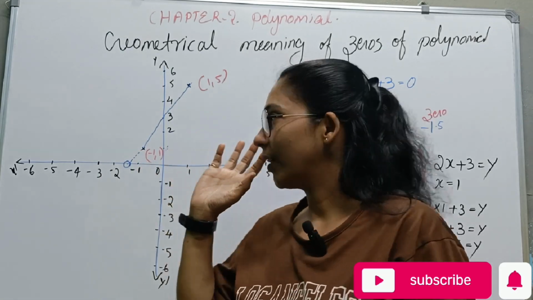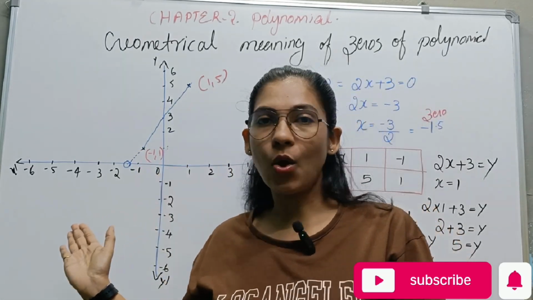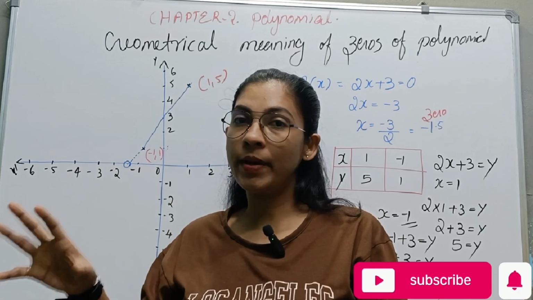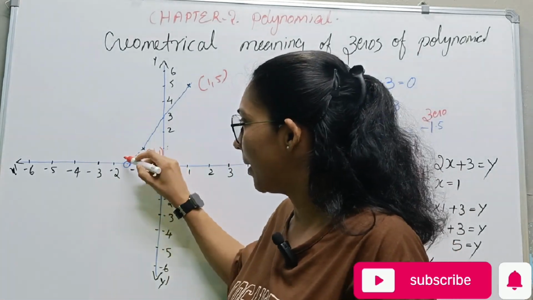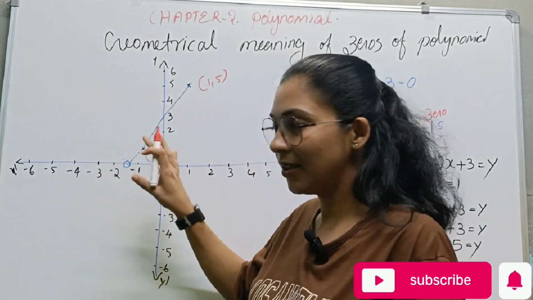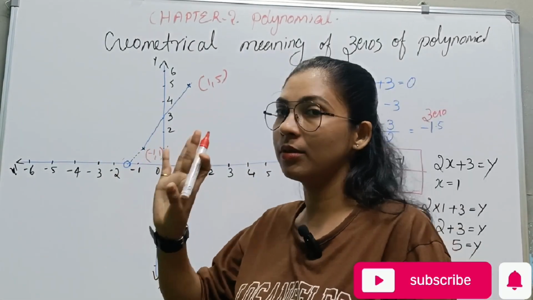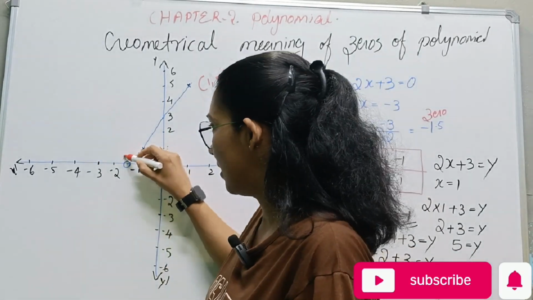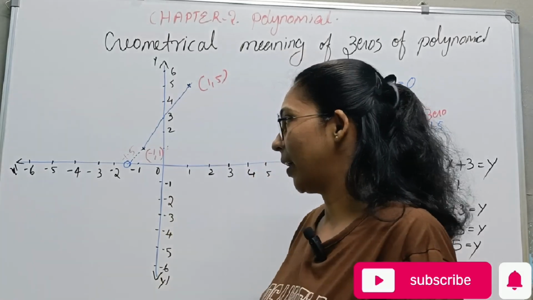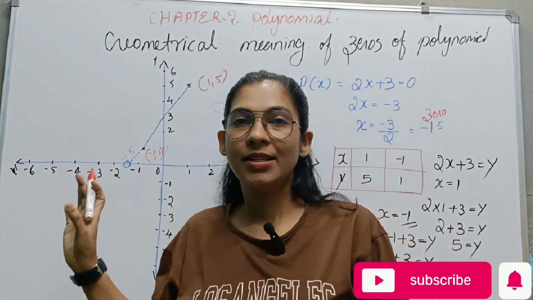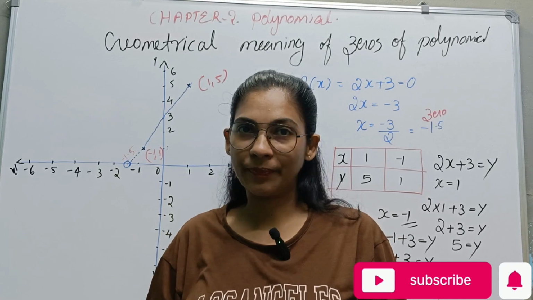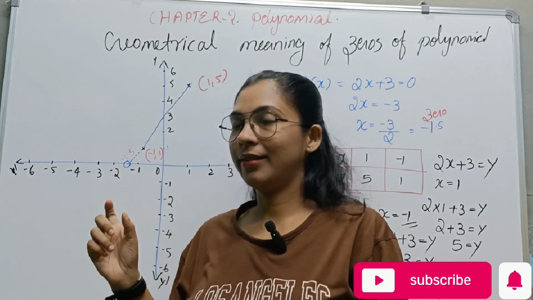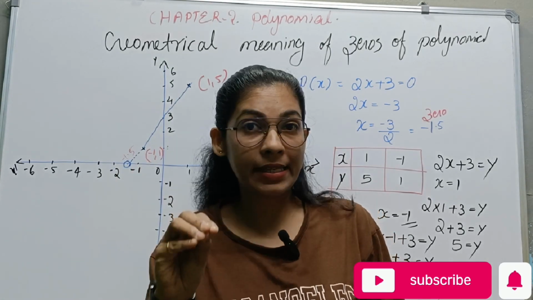Its value will be approximately, this is not a correct figure, you have to use graph paper, minus 1.5, and this is said to be the 0 of the polynomial.